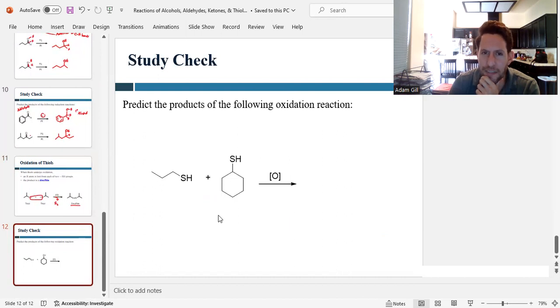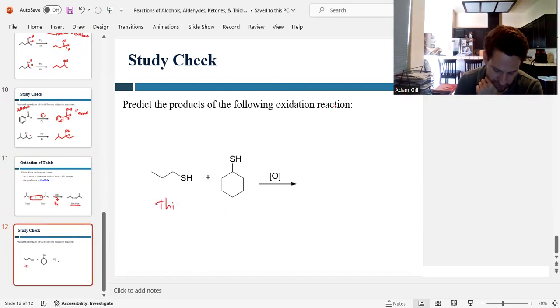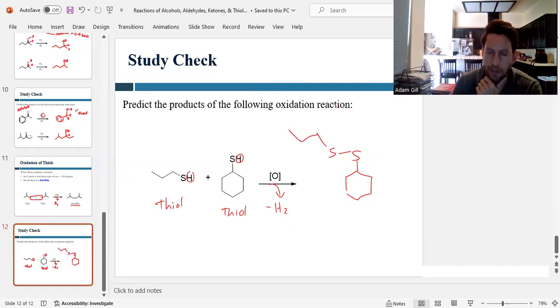So let's do a practice here. Predict the products of the following oxidation reaction. Well, this looks like a thiol. This looks like a thiol as well. And so I am going to be removing the hydrogens and connecting the two sulfurs together, just like that.